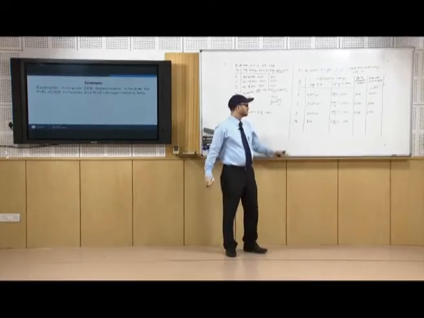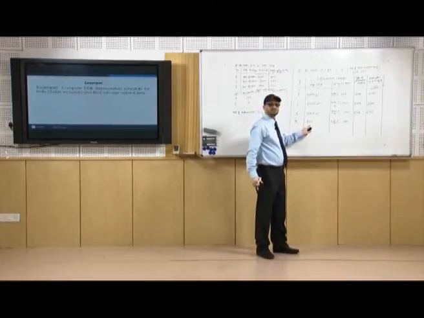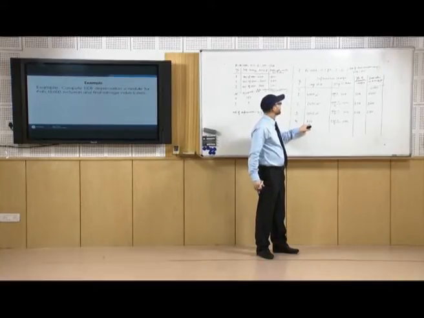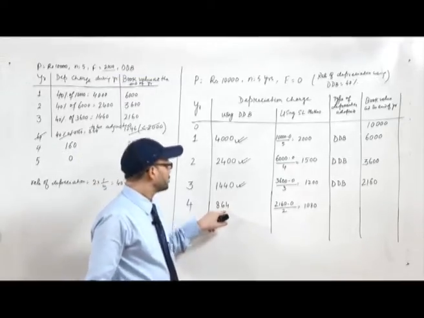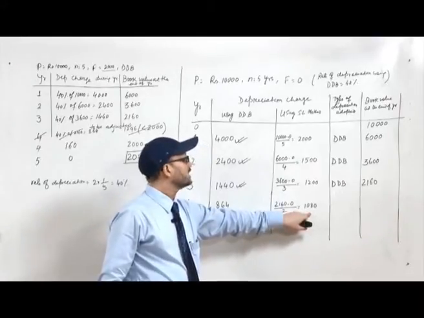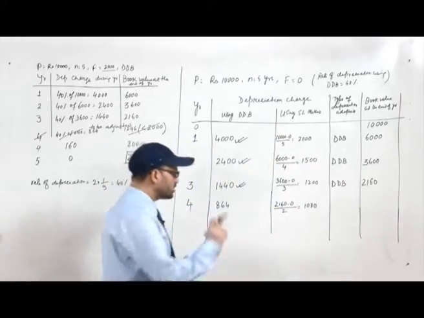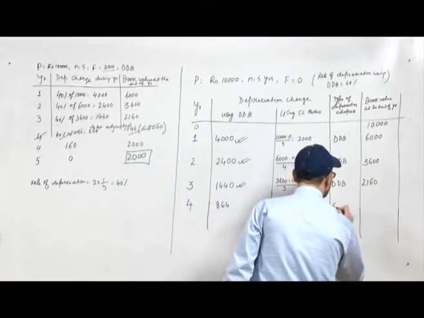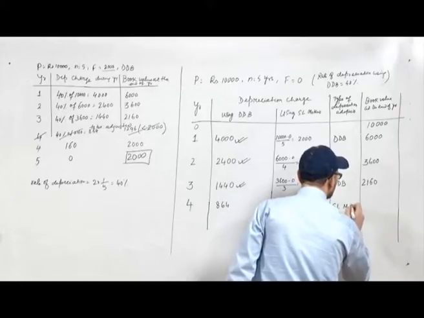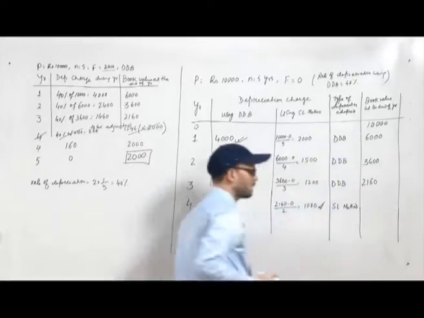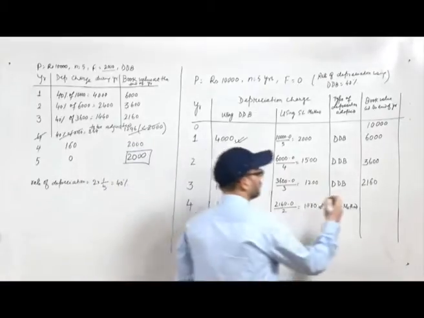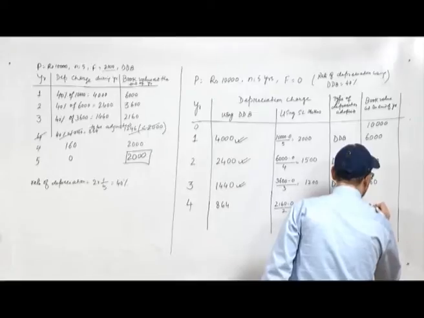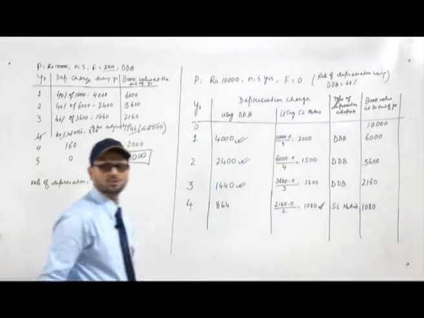What we see is that at this juncture the depreciation calculated using the double declining balance method is smaller than that calculated using the straight line method. So, this is the time we will switch over to the straight line method, and this is known as switching to the straight line method. So, your book value will be 2,160 minus 1,080, that will be 1,080.